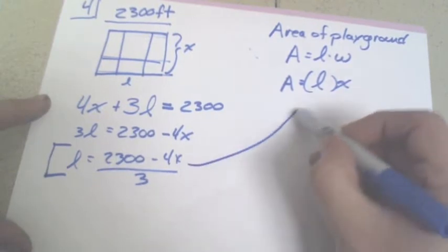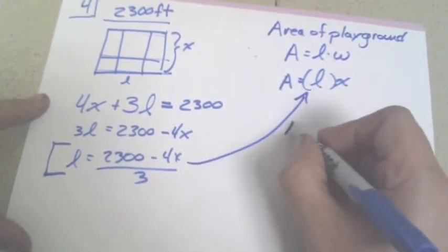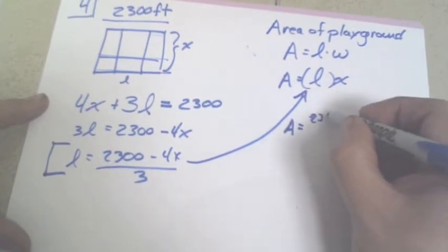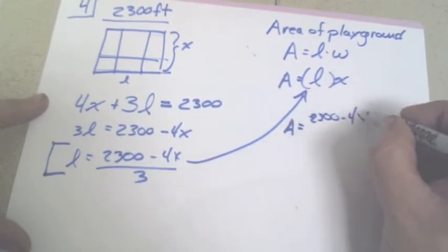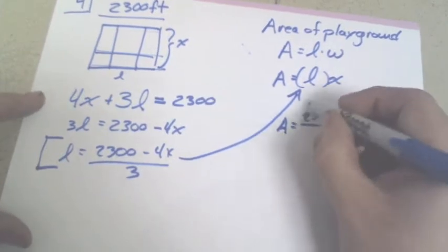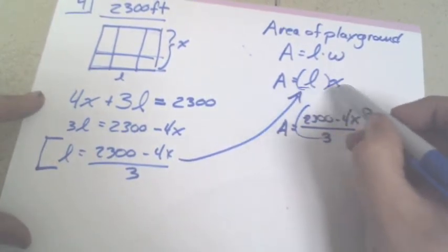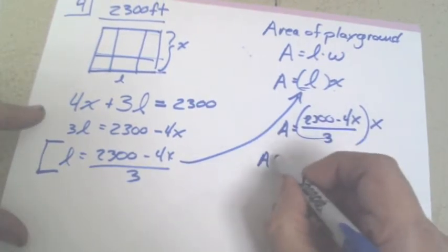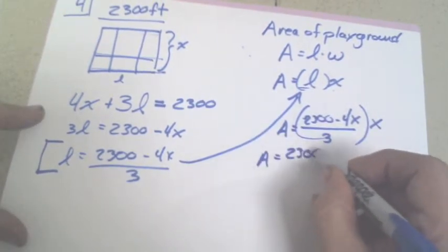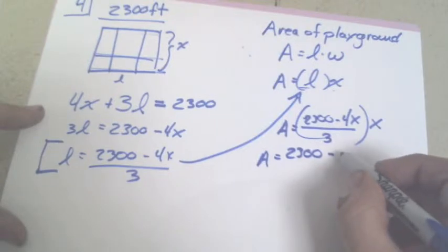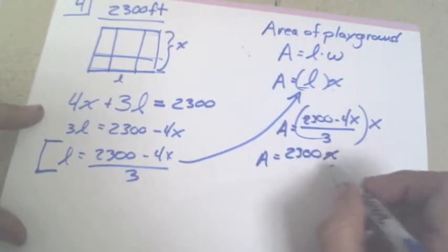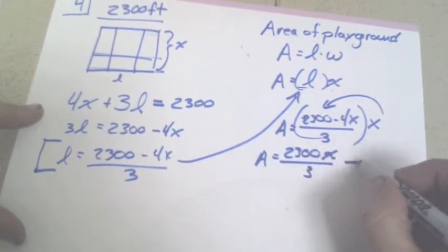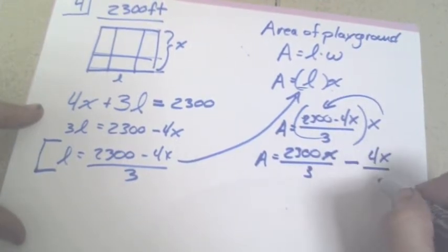Once we know that that's L, we can put that L back into our expression for area. Our length is going to be 2,300 minus 4x over 3. That's our length times that width, our x. Now our area is 2,300x, as we distribute that x, over 3, minus 4x squared over 3.